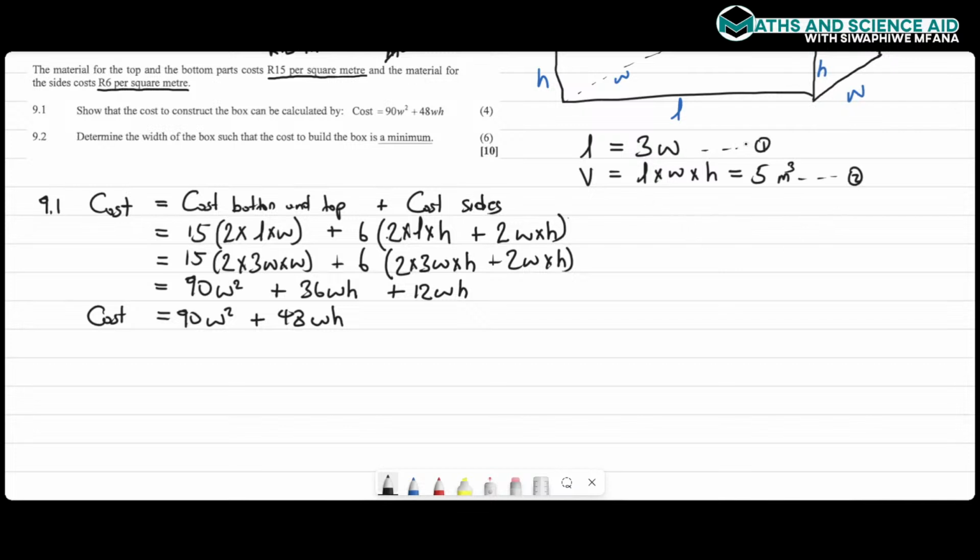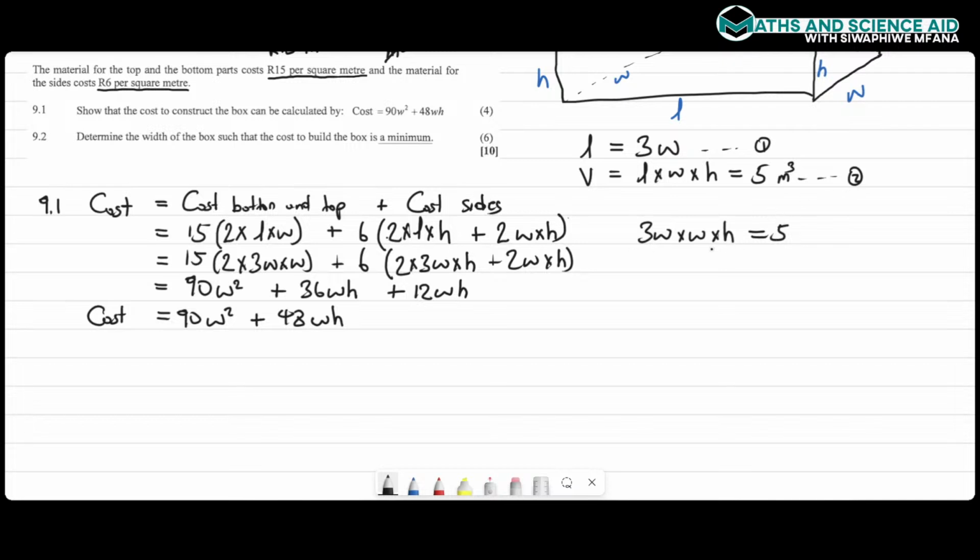We will sub equation 1 into equation number 2, and I'll just leave the V out. So in place of L, we are going to have 3W. So I'm substituting 3W in place of L, multiplied by W, and then multiplied by that H, and this is equal to 5. You see?